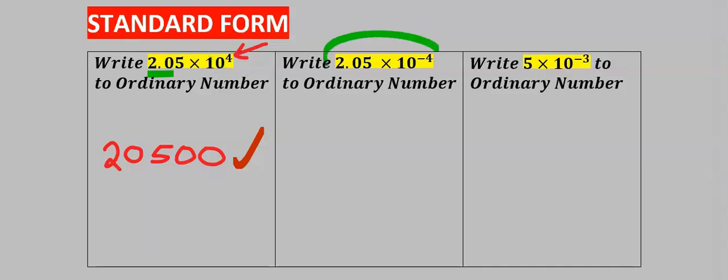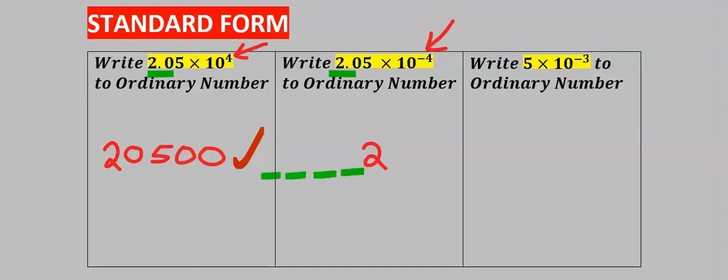Next, we're going to write this standard form to ordinary number. Step number 1. Consider the first significant number here, which is 2. Next, consider the power. Here we have -4, symbolizing there are 4 digits in the front of these 2.